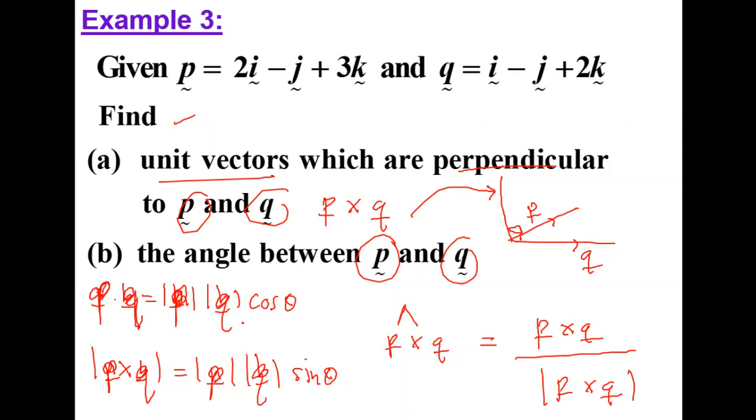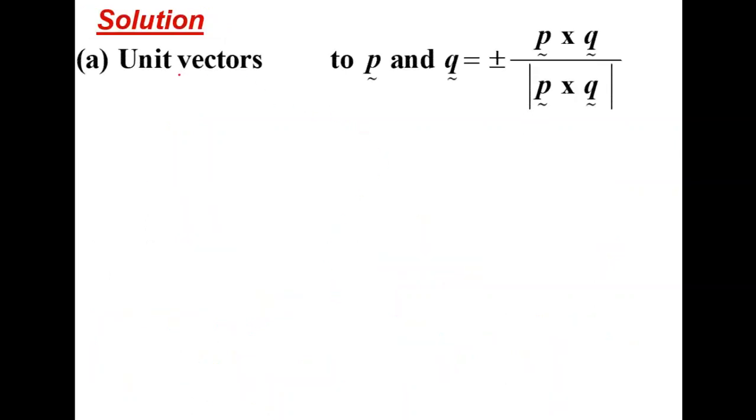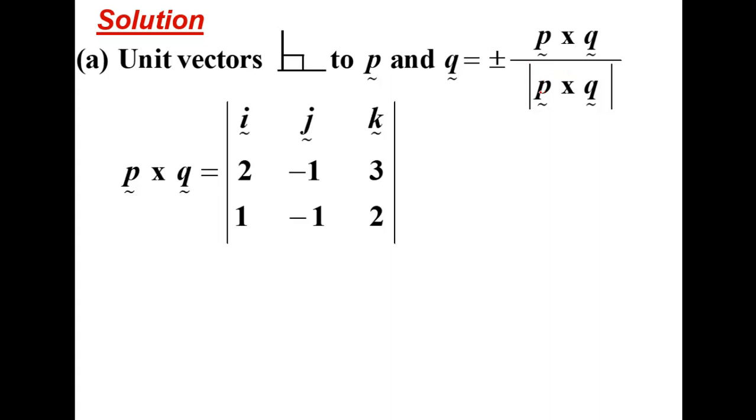So we discuss example 3. A unit vector perpendicular to vector P and vector Q equals plus minus vector P cross Q over modulus of vector P cross vector Q. To find vector P cross vector Q, you need to do a determinant. The first row is always i, j, k.